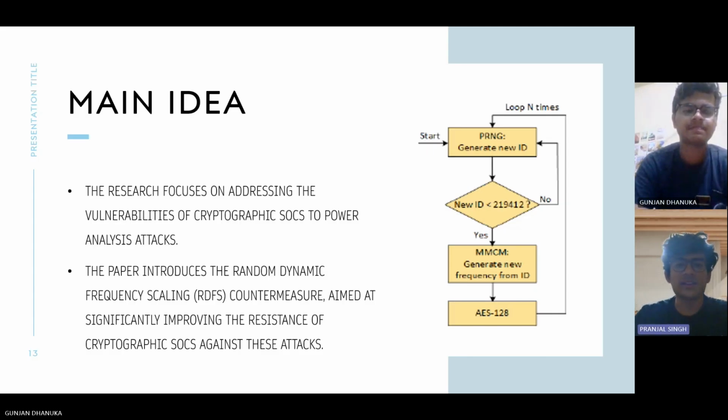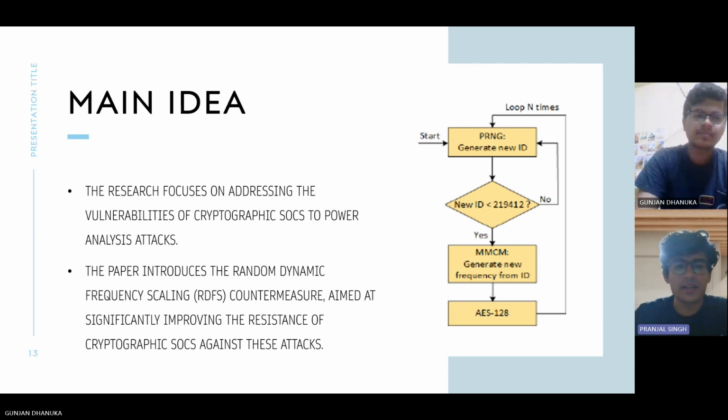The main idea behind this paper is it tries to address the vulnerabilities of cryptographic SoCs to power analysis attacks. So this paper is basically focused on addressing the weaknesses in cryptographic systems against power analysis attacks.